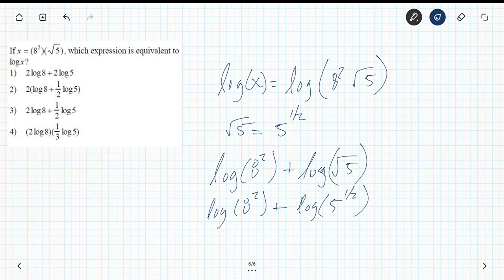Okay, since we have two exponents, we can put them at the front. So I have 2 times the log of 8 plus 1/2 the log of 5. Okay, and that would be answer choice number 3.